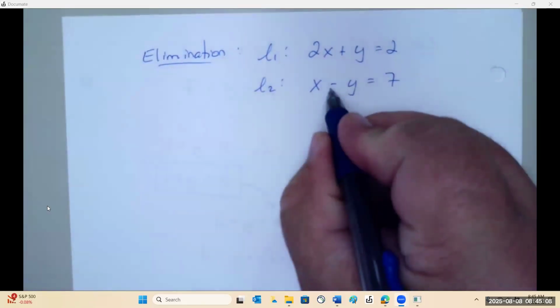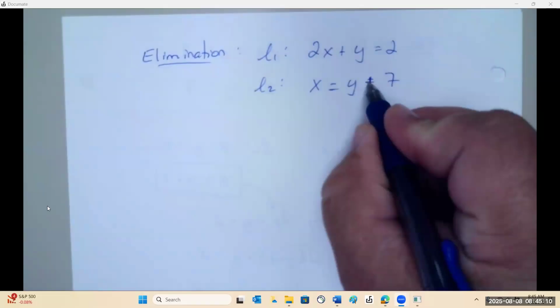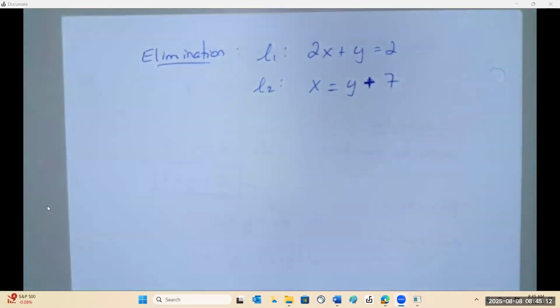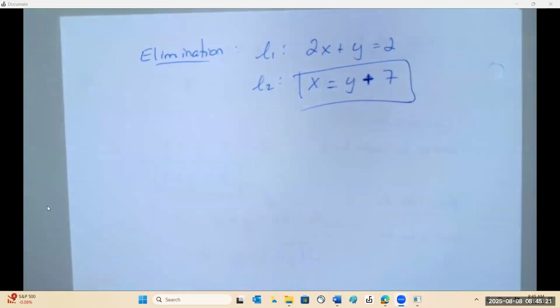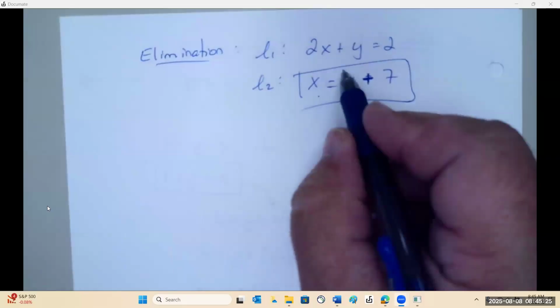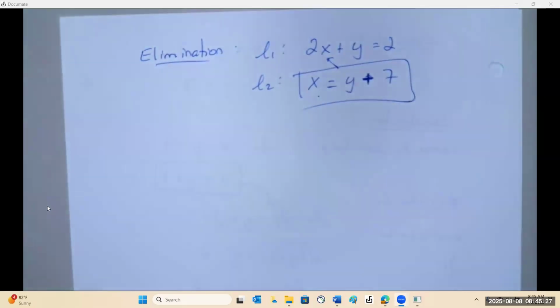What if this one was already like this? This is telling us, let's use substitution. It already did the first step for us. So now let's plug this into there. So if it's already solved for a variable, go from there.